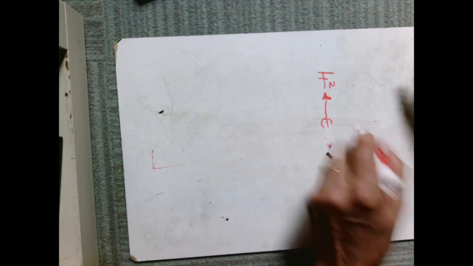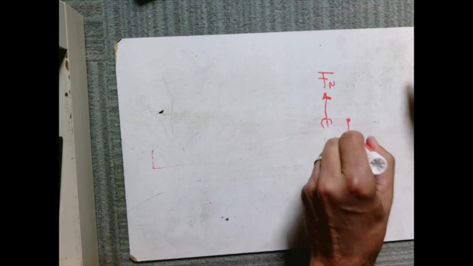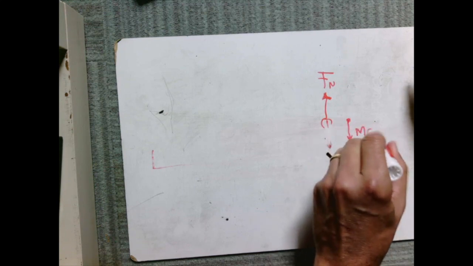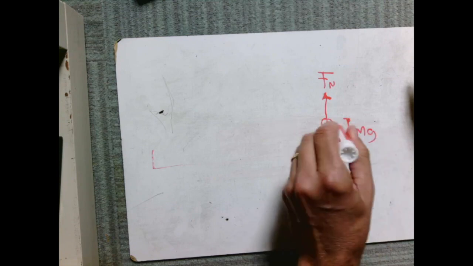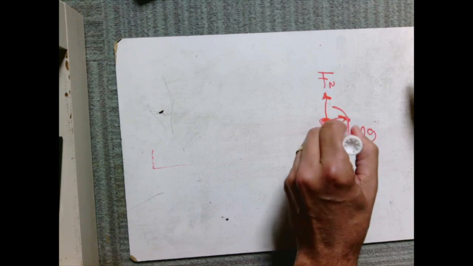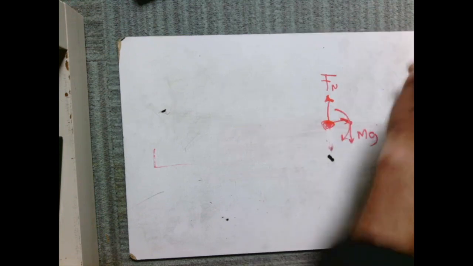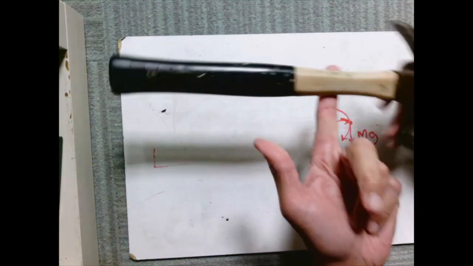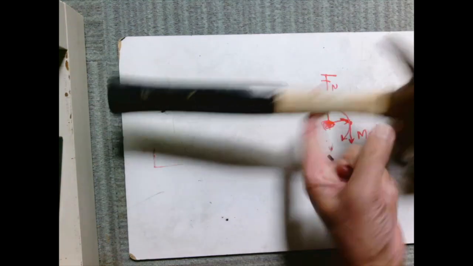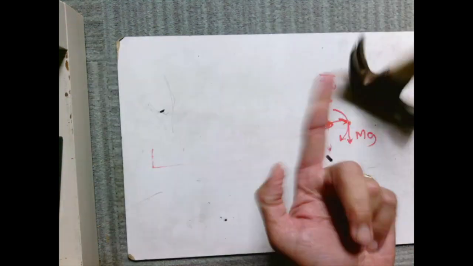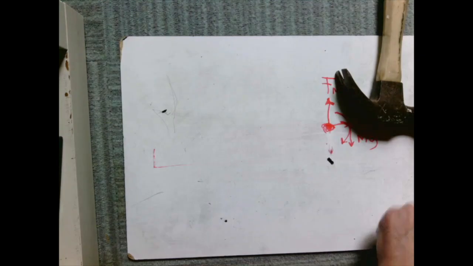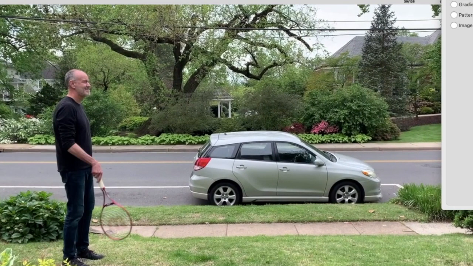If the center of mass was over here, then the mg of the entire system would have a torque around my finger, and it would make it rotate that way. So when my finger is to the left of the center of mass, the weight provides a torque, and it rotates. The center of mass follows all the rules that we learned before.